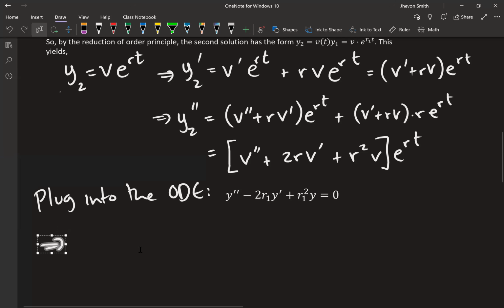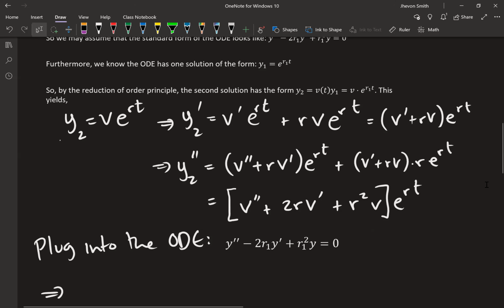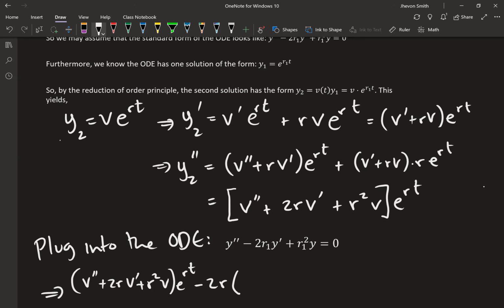Now, if I plug it into that guy, what's it going to look like? Well, my y double prime is going to be this whole thing right here. So that's going to mean that v double prime plus 2rv prime plus r squared v times e to the rt, minus 2r times the y prime.